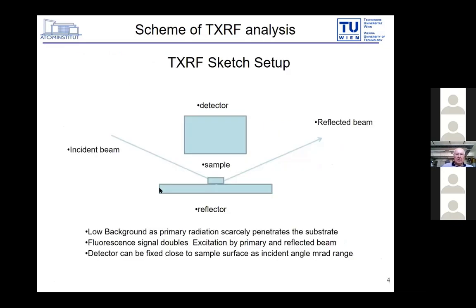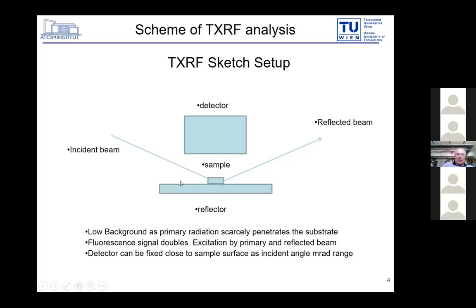As mentioned, we get the beam from the X-ray tube or other sources. We apply a very small angle below the critical angle. We excite the sample, and you see that this reflected beam is directed again through the sample. So we have something which is excellent. We have a doubling of the fluorescence signal as the excitation takes place by primary and reflected beam.